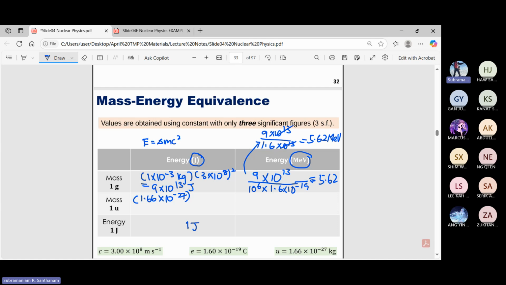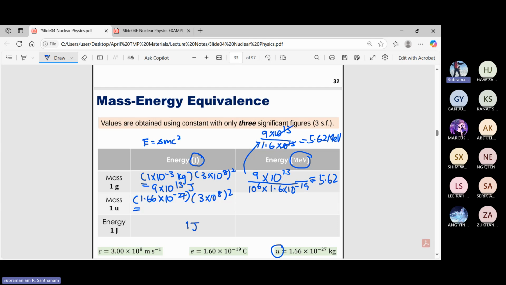That is the equivalent for 1 u. That is multiplied by the speed of light, 3 times 10 power of 8, squared. Now you get your energy in joules. Whatever energy you get, if you divide by the mega electron volt, then you get it in MeV.